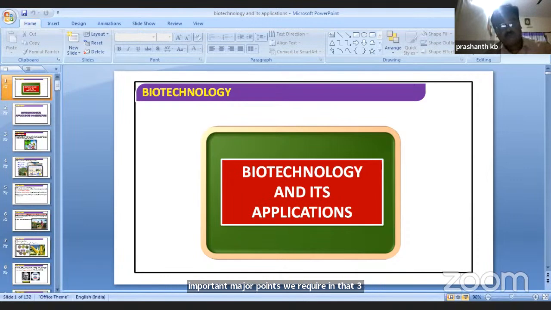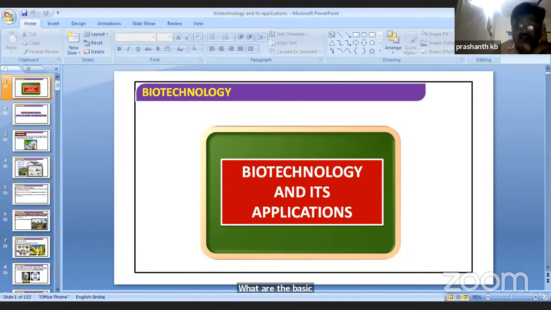Next, coming to biotechnology in the agricultural field, it can come for 5 marks. Here, first, what are the basic concepts in agriculture? Then comes the 5 mark question, biotechnology in the field of genetically modified crops. This is the application in the agriculture industry.